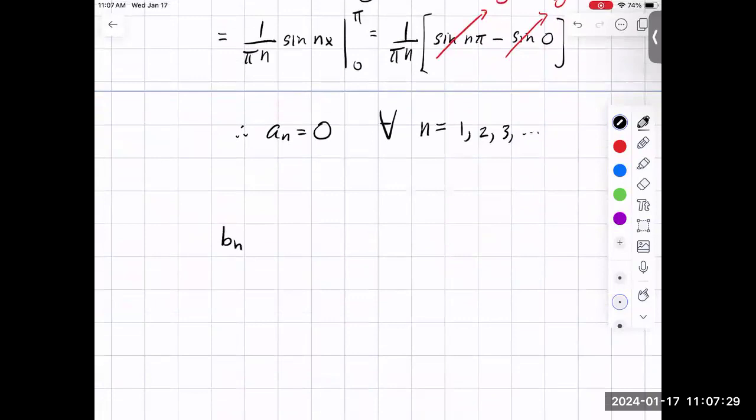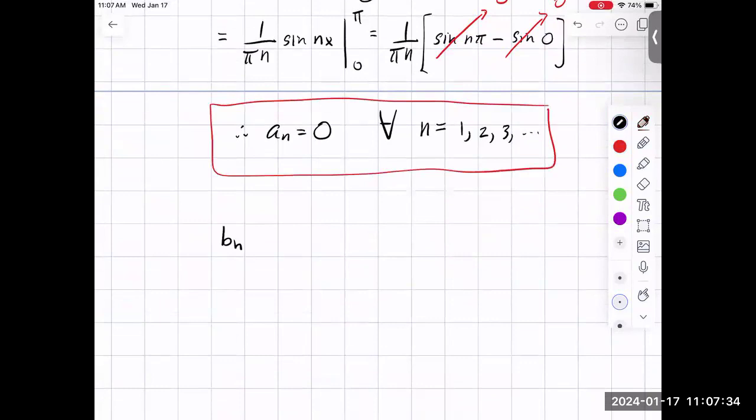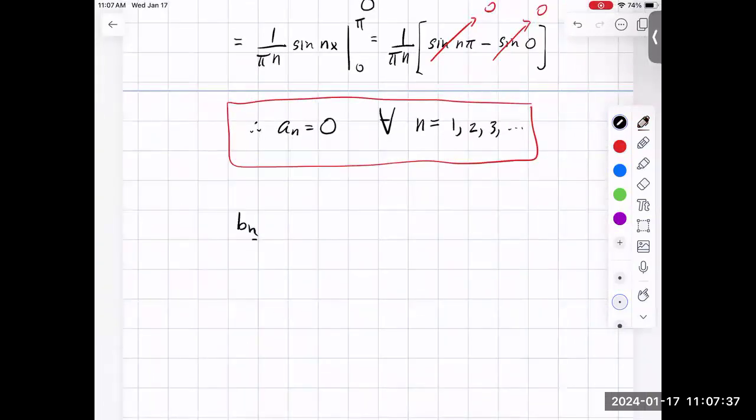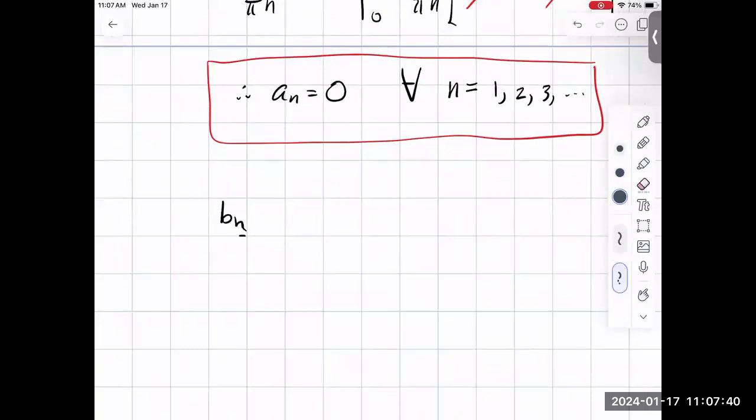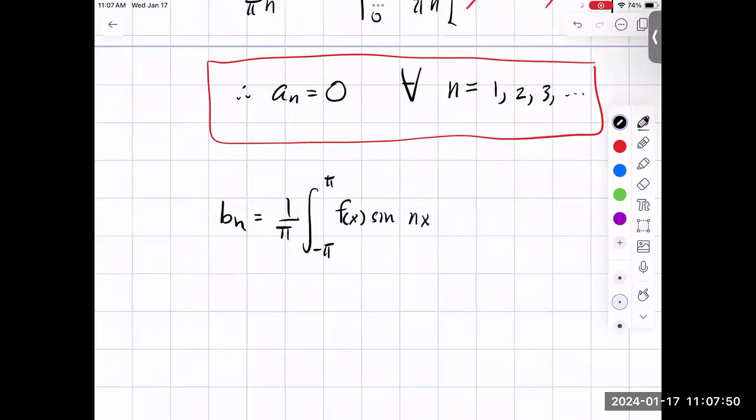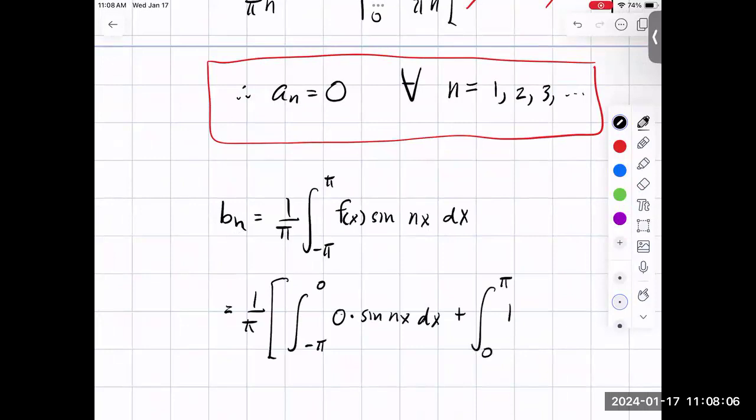Okay, so bn, I guess we could highlight this as one of our results. So bn is going to be 1 over pi, the integral from minus pi to pi of f of x sine nx dx. So we do everything that we've been doing before: we separate our integral into the two pieces.